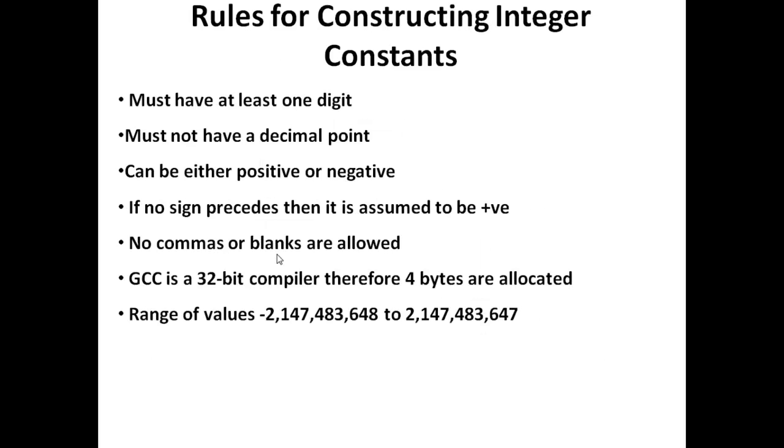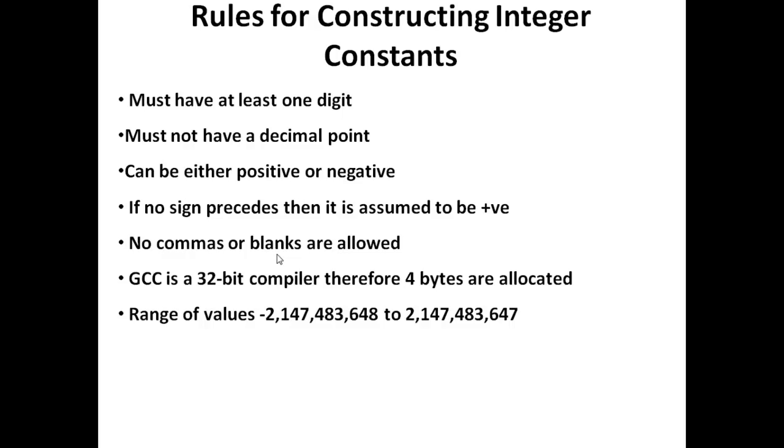So how do you construct an integer constant? You need to have at least one digit, it must not have a decimal point, and it can be either positive or negative. If no sign precedes, then it is assumed to be a positive one, and no commas and blanks are allowed. So here we are using GCC, as we are using the Linux operating system.